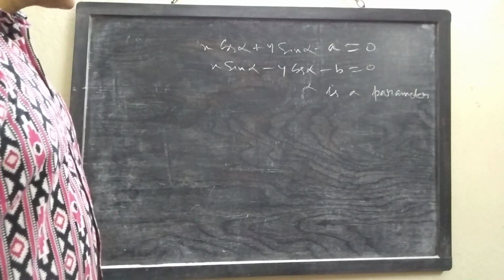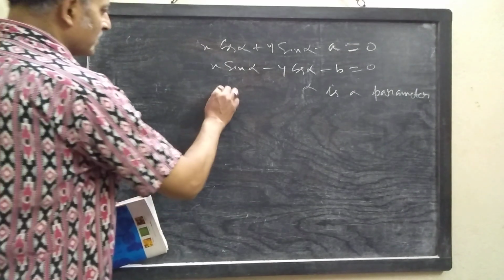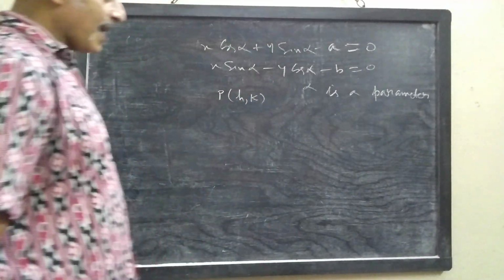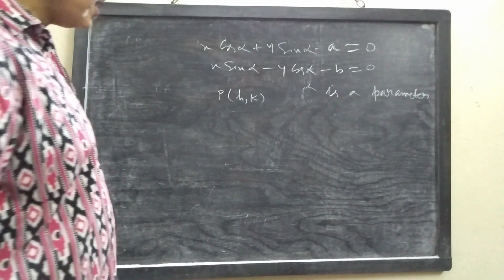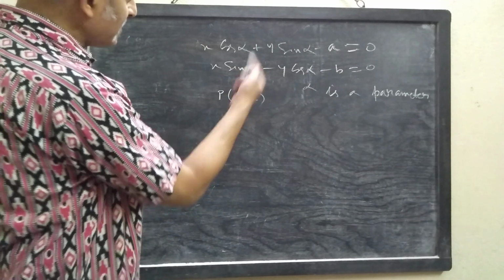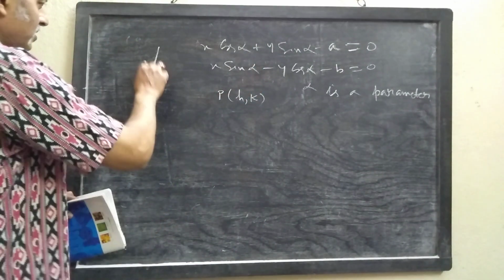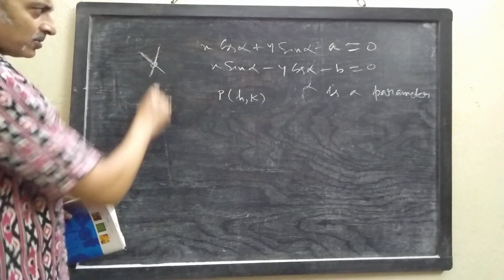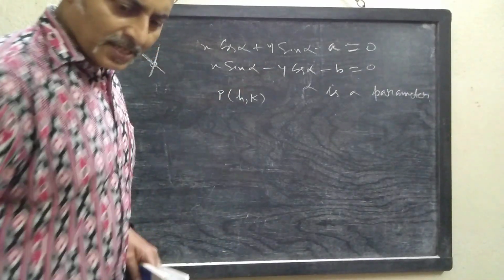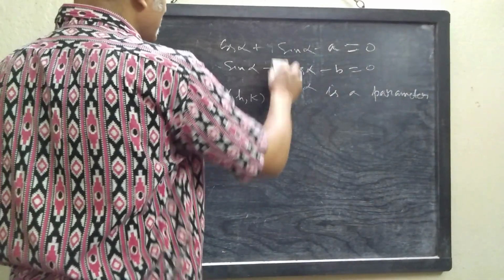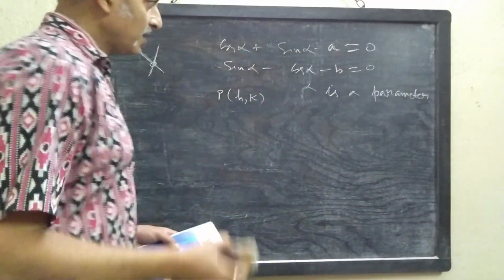So first let the point of intersection be P(h, k). As P(h, k) is the point of intersection of these two lines, it must satisfy both the lines, because the point of intersection lies on this line as well as this line. So just substitute x and y by h and k here.